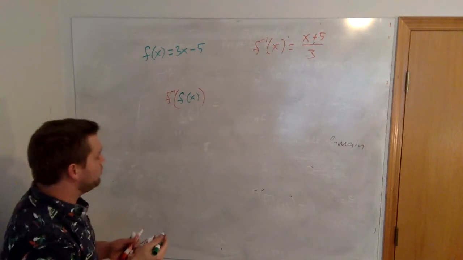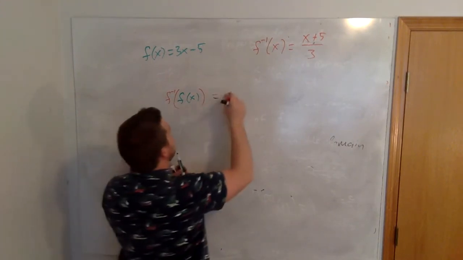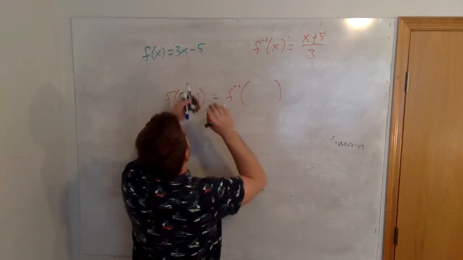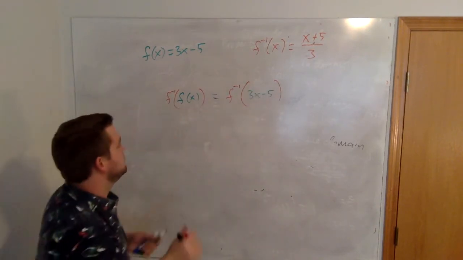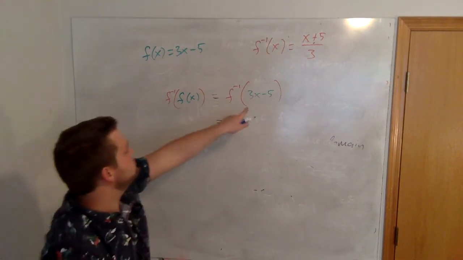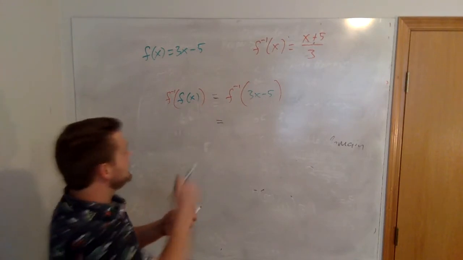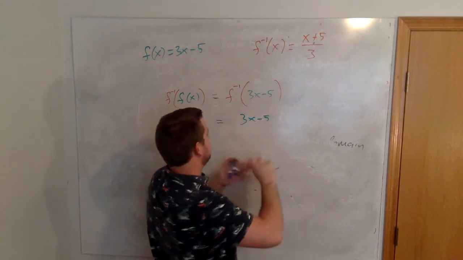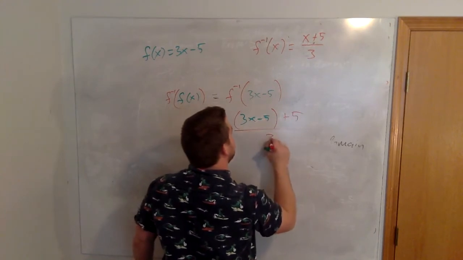Let's compute f inverse of f of x. Well, we have our f inverse function, and what are we plugging into it? We're plugging in f, so we're plugging in 3x minus 5. Wherever I see an x in f inverse, I'm going to replace it with 3x minus 5. So we get 3x minus 5, and then we're adding 5, and we're dividing it by 3.